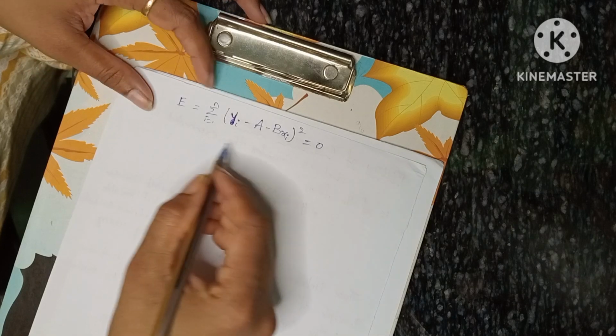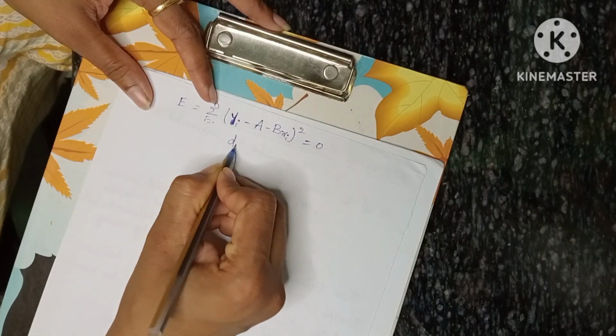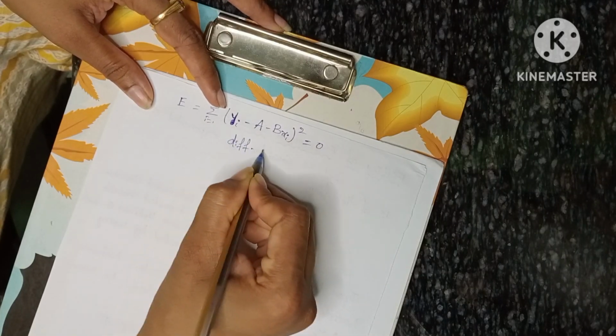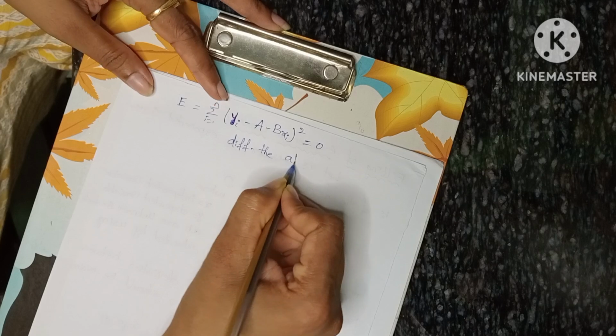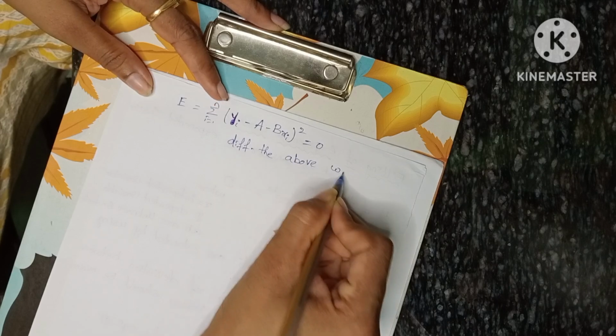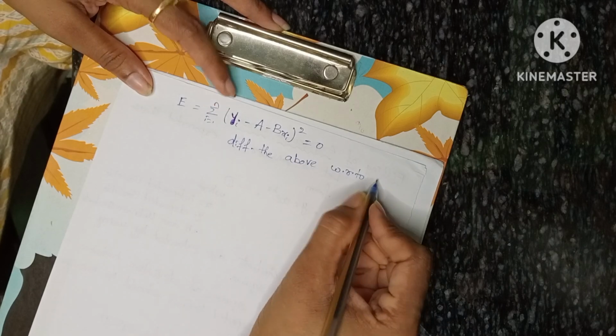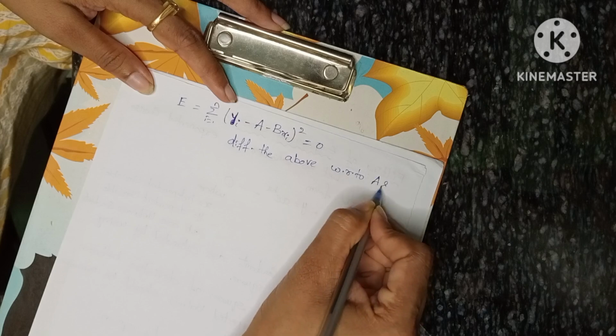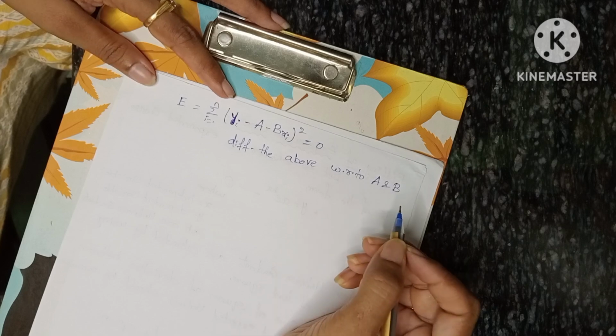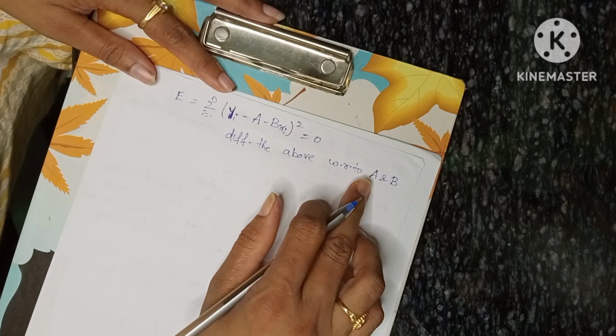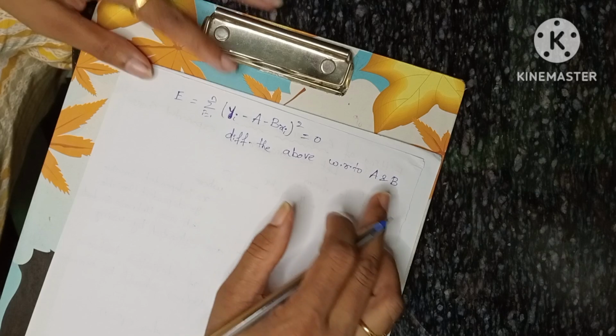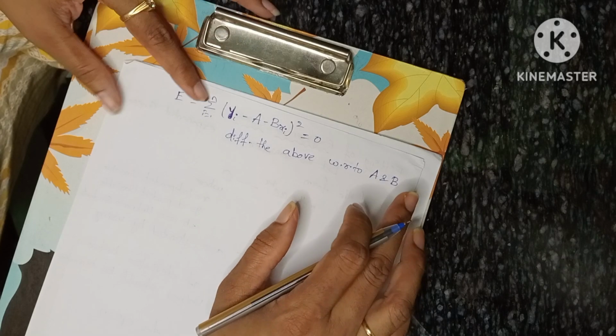Now we have to differentiate the above term with respect to capital A and capital B, because we have to estimate A and B. So that's why we differentiate with those terms itself.